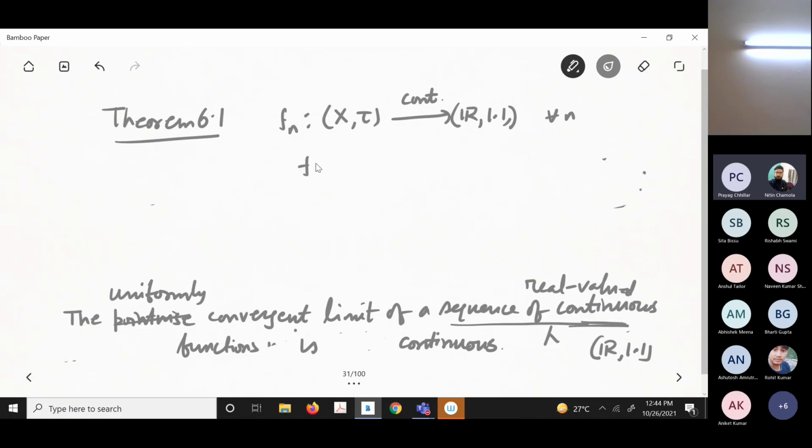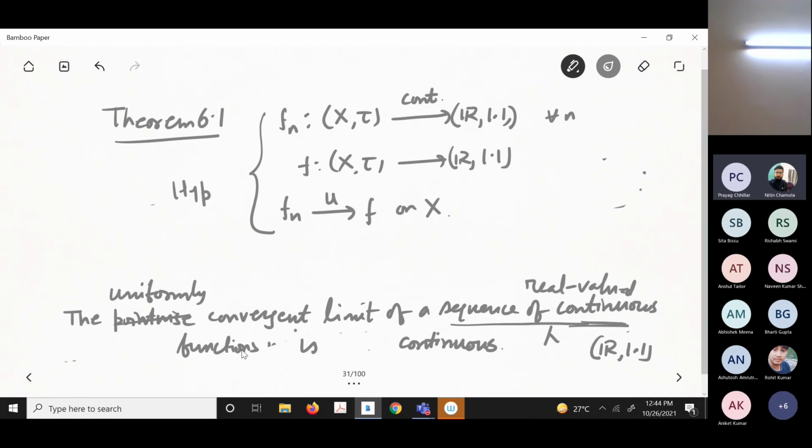And also suppose you have a function f from (X, tau) to R, which I need to prove is continuous. Suppose this is a hypothesis: f_n tends to f uniformly on X. These are all hypotheses.